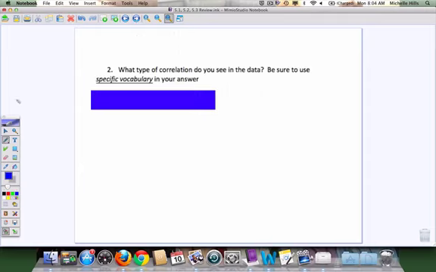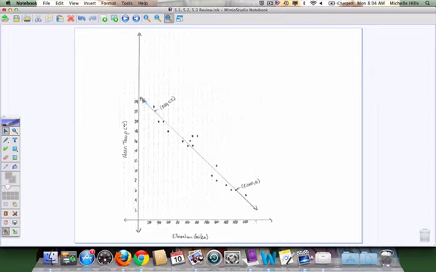It said, what type of correlation do you see in the data? Be sure to use specific vocabulary in your answer. Well, it is a correlation because this doesn't look like just a scattered nothingness. I can actually see a pattern to this data, and a linear pattern at that. It's decreasing as it goes from left to right, so it's a negative correlation, and these points are all fairly close to my line of fit.